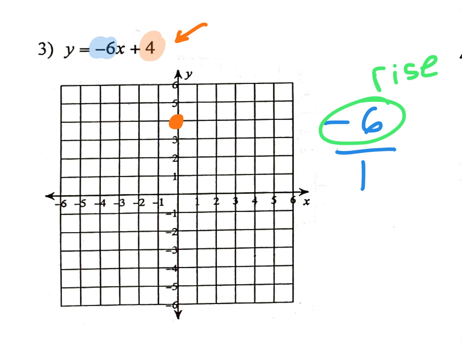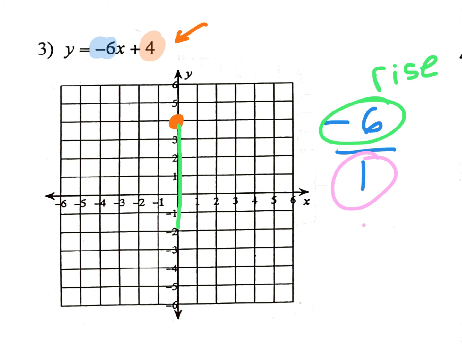What direction? That's a -6. Does that mean up or down for a rise? That means down. Do I have room to go down 6 this time? Yes, I do. So 1, 2, 3, 4, 5, 6. And when we say over 1, make sure you're careful about what direction you do that in, because what I see kids do a lot is say, oh, it's a negative slope, that means I need to go in a negative direction.